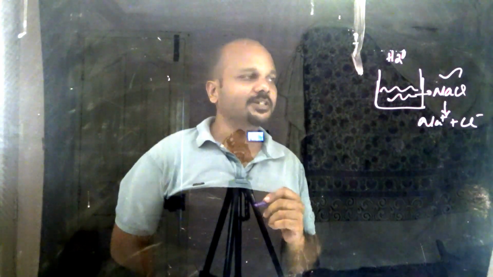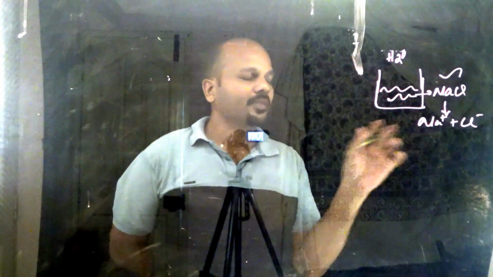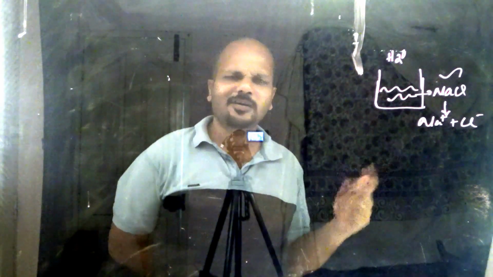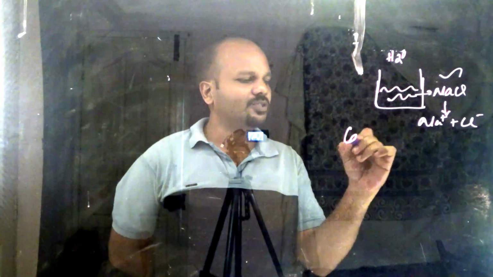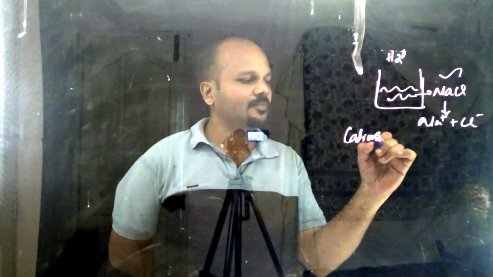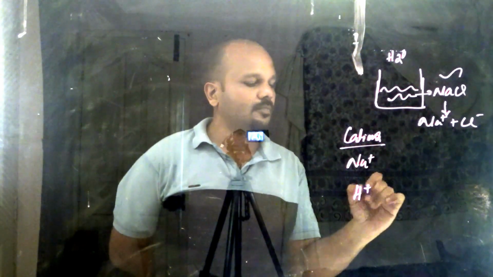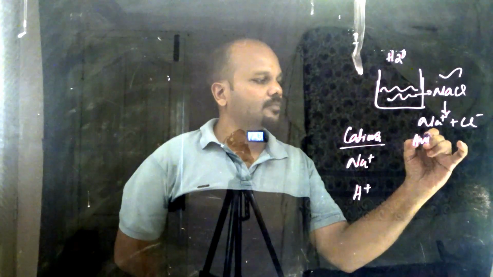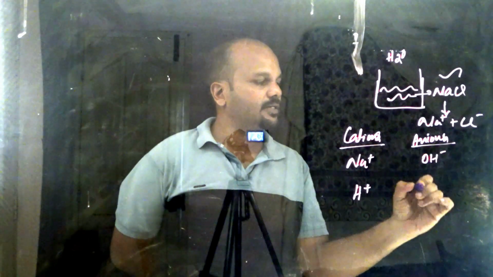So what I can understand from this is, the cations are Na+ and H+, and the anions are OH- and Cl-.